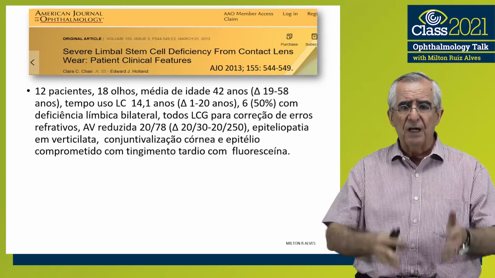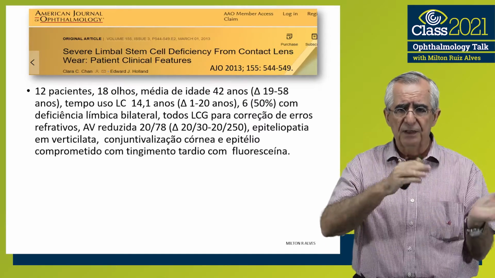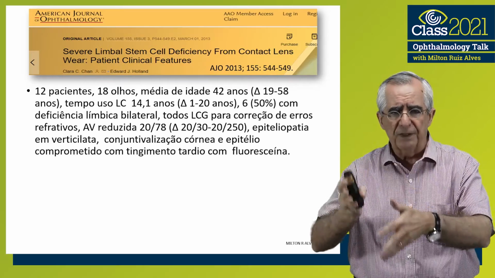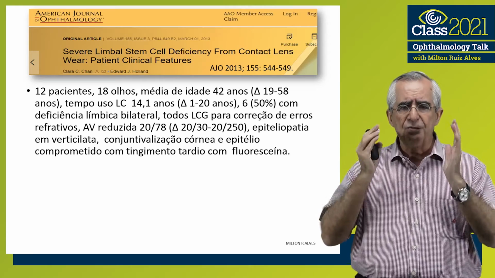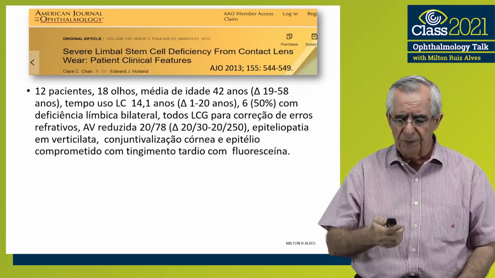Visual acuity was reduced to 20/78, ranging from 20/30 to 20/250. Eyes had verticillata or hurricane epitheliopathy, and corneal conjunctivalization and compromised epithelium had late staining with fluorescein.